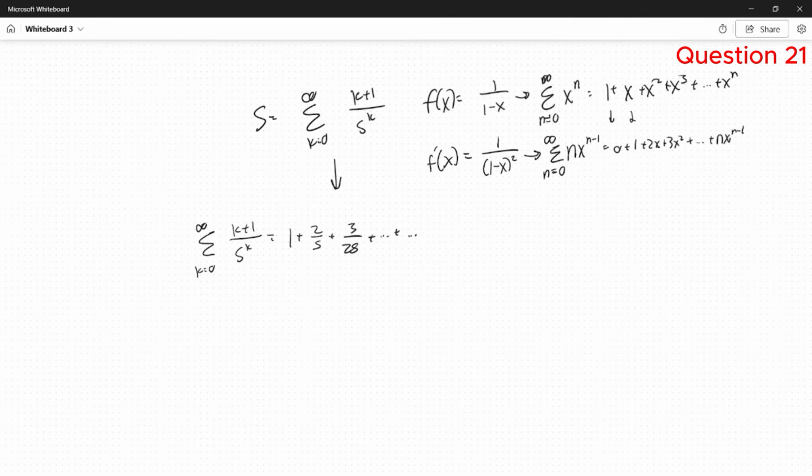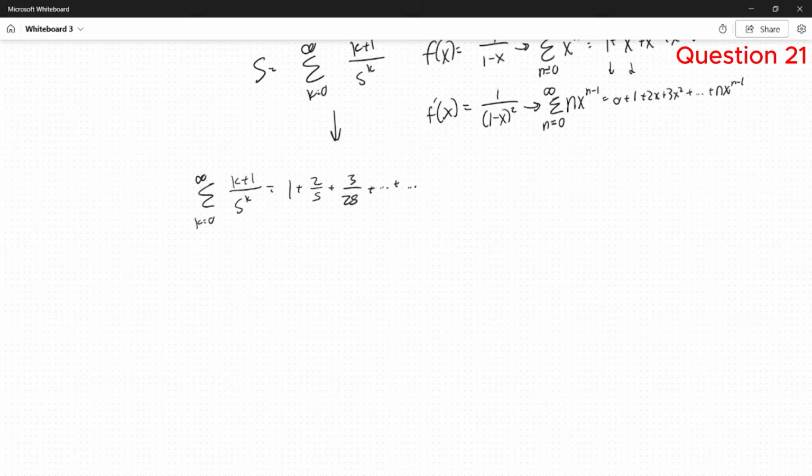Now, if you have not seen the pattern yet, these two series are actually just off by a factor of x. And we need to determine what x might look like. In fact, I'll even put them side by side for you to see. It's equal to 1 plus 2x plus 3x squared plus dot dot dot plus n times x to the n minus 1. As you can see, this is off by literally a factor of 1/5.